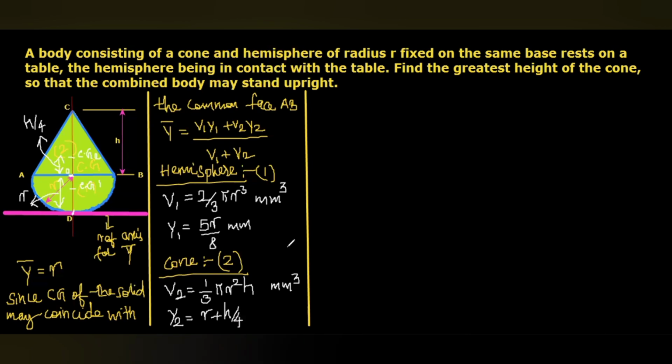Okay, so now just substitute in the formula for y bar. We know that y bar equals V1 y1 plus V2 y2 divided by V1 plus V2. So here we calculated V1 y1 and V2 y2. Substitute the values.